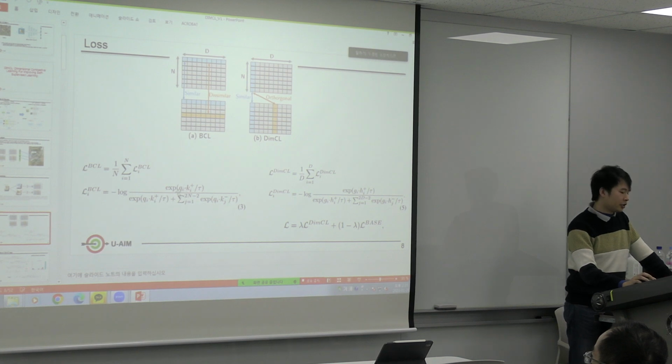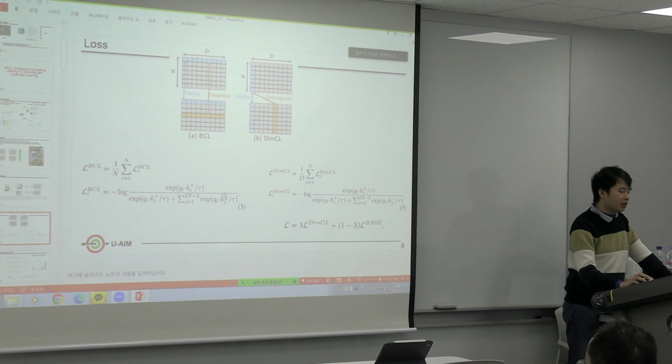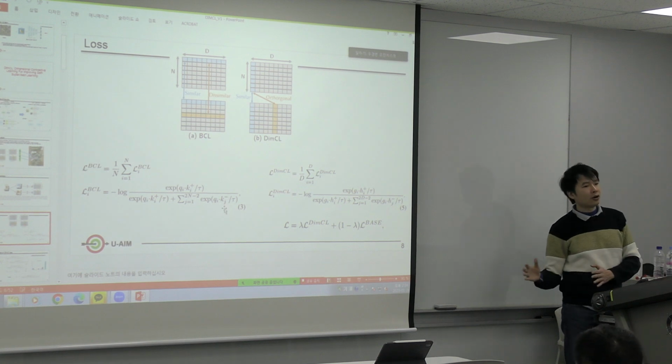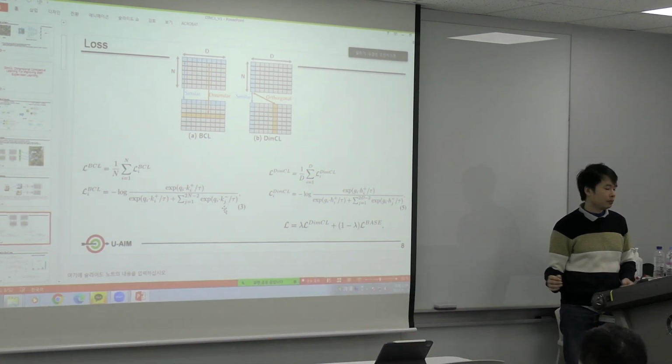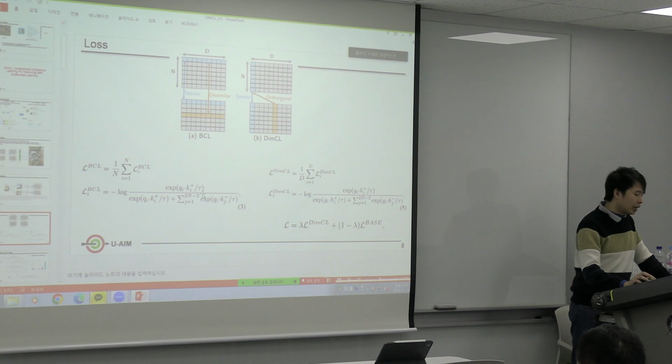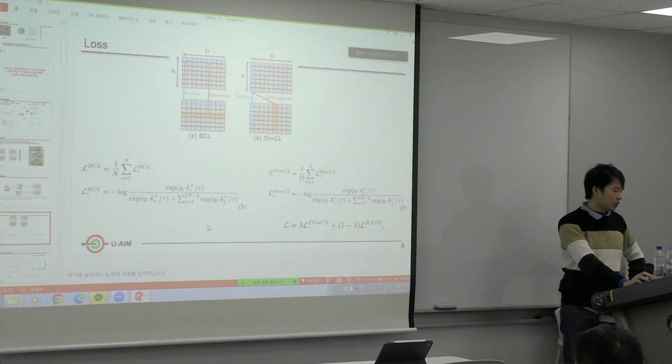Here, Q is the query, K plus is the positive, the representation of another augmentation of the same image, and K minus is the set of all other representation vectors, which are different from our considered image. We apply this formulation so we can easily achieve our goal.